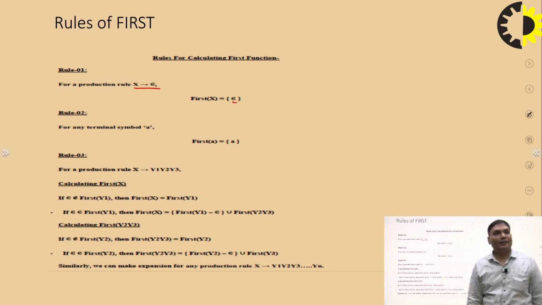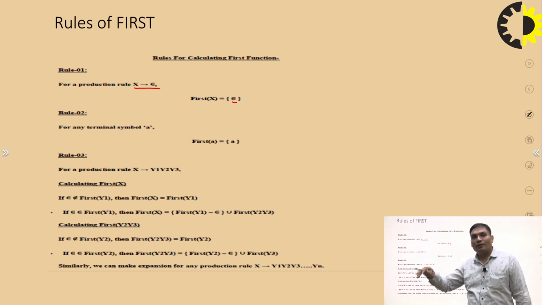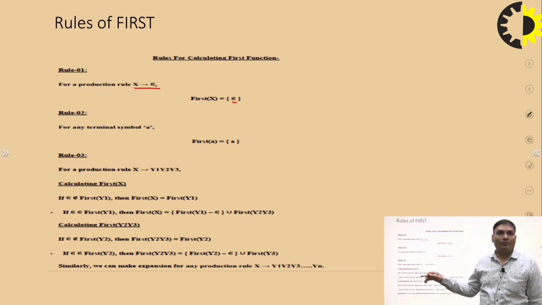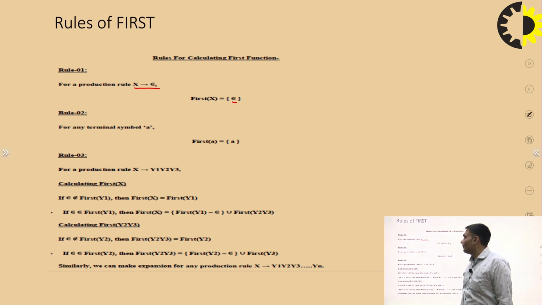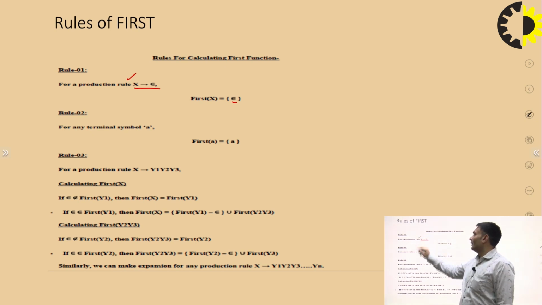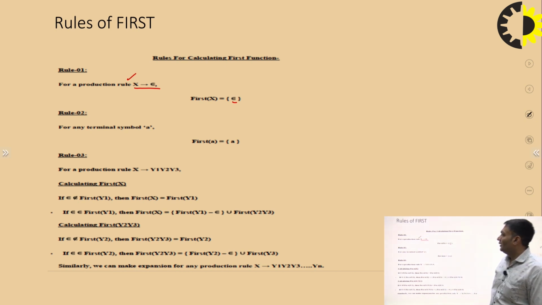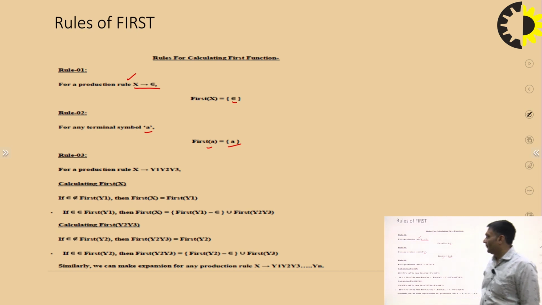So basically, a terminal that is at the start of the right hand side of a production rule is called the first of that. For example, if any terminal symbol is A, then first of this A will be A.